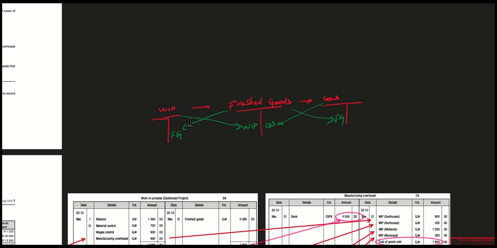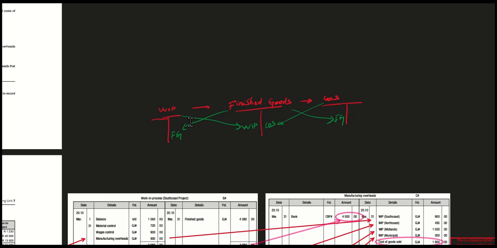And once they move from the finished goods account, we will need to look at the cost of sale, right? Because it's not the cost of production, it is the cost of sales, right? Cost of sales and not cost of production.